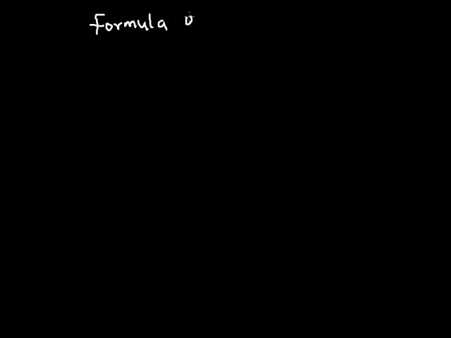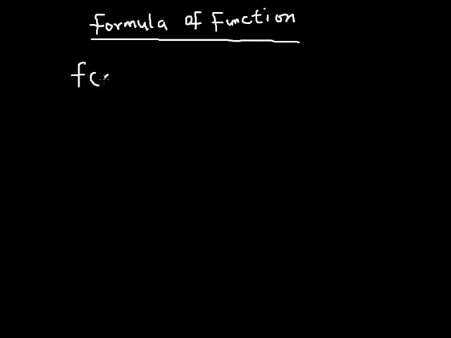So let's look at the formula of a function. How do we express the formula of a function? For us to express a function in a formula, that formula must have a variable. Let's say the variable is x. So this is how we express it, f of x.